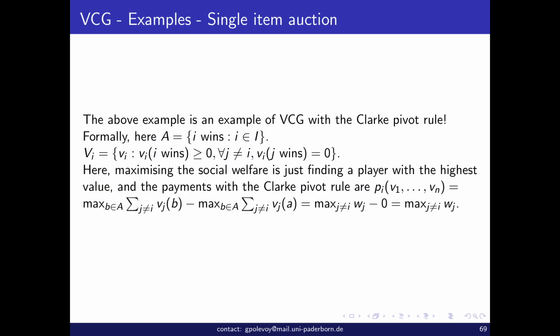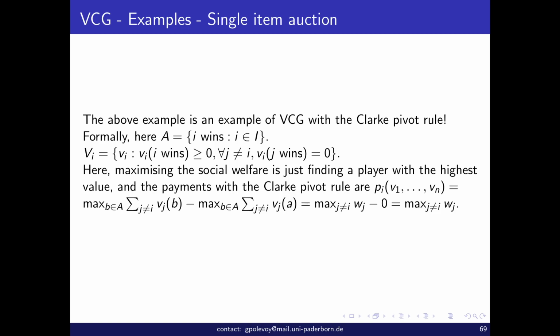And now let's look at several examples which exemplify these rules of VCG and in particular of this Clarke pivot rule. But first start with this example we already saw, which is the single item auction. And that's simply the above example. So it's actually an example of VCG with Clarke pivot rule, as now shown.